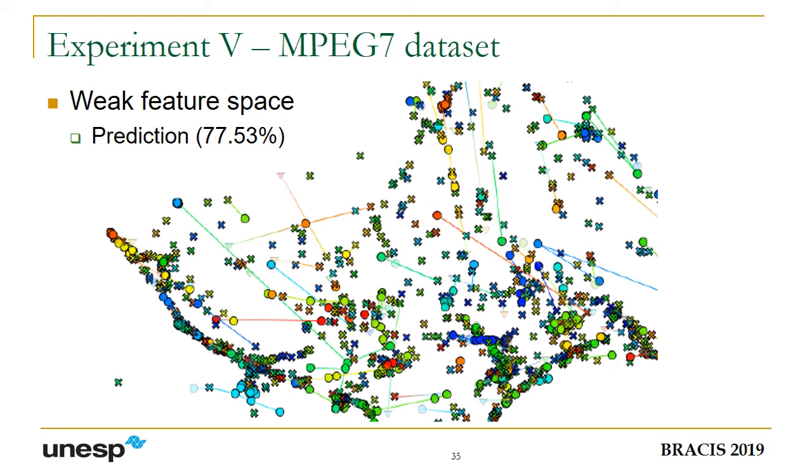As a consequence, we don't have a boundary between clusters, that is, every instance is considered as a cluster. There's a lot of transition between classes, and almost all instances of the training dataset are considered as a prototype, and that can impact the prediction of OPF, and we can see here a bad accuracy of this classification of MPEG-7.